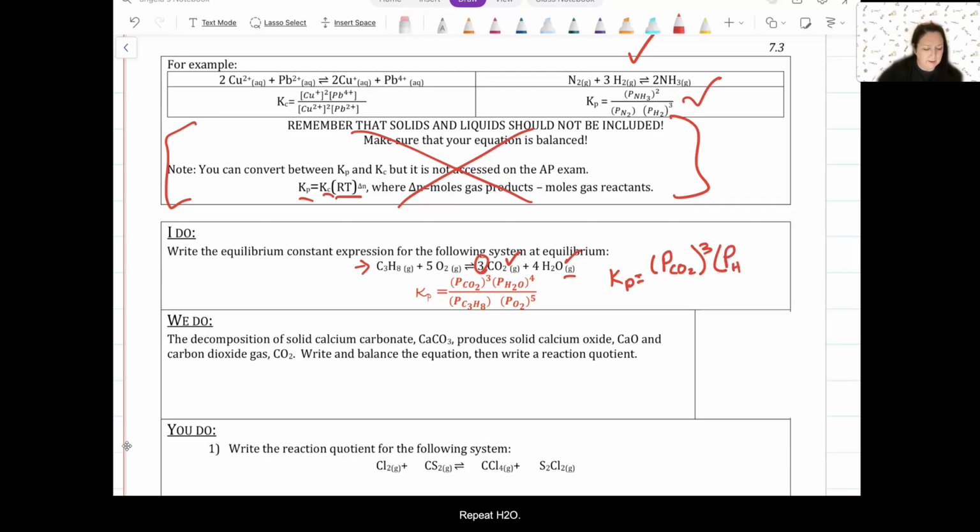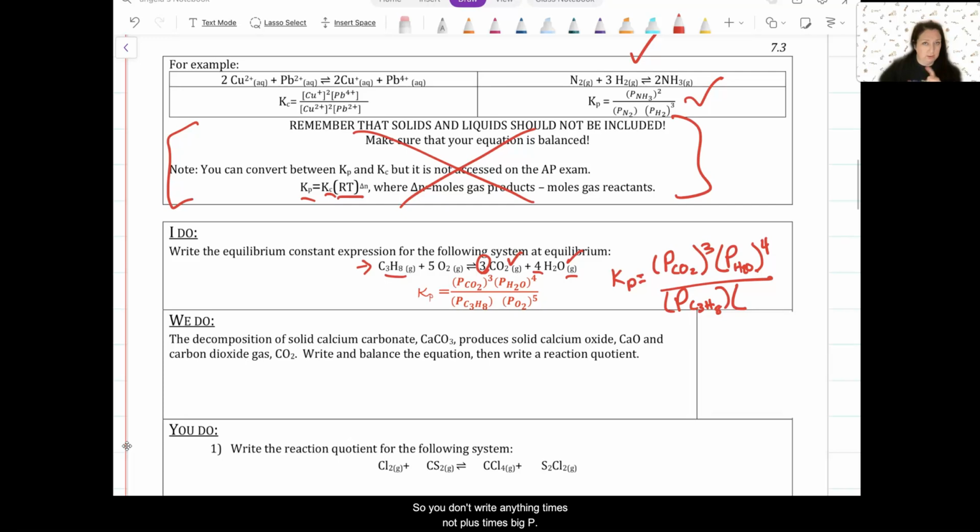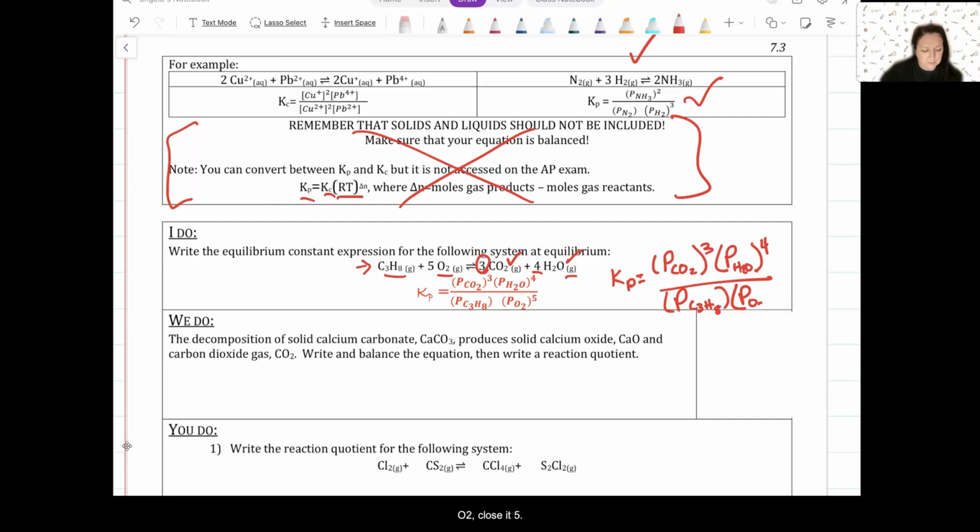Big P, H2O, close the parentheses, 4, because its coefficient's a 4. Divided by, open parentheses P, and I have C3H8, which is propane, coefficient's 1, exponent's 1, so don't write anything, times, not plus, times, big P, O2, close it, 5. Okay, so that is your expression.